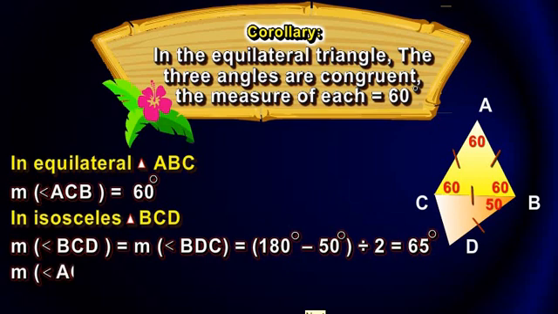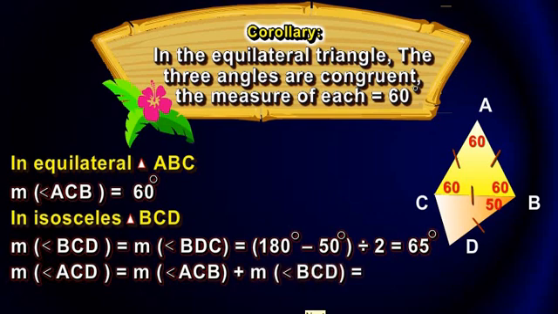Finally, measure of angle ACD equals measure of angle ACB plus measure of angle BCD equals 60 degrees plus 65 degrees equals 125 degrees.